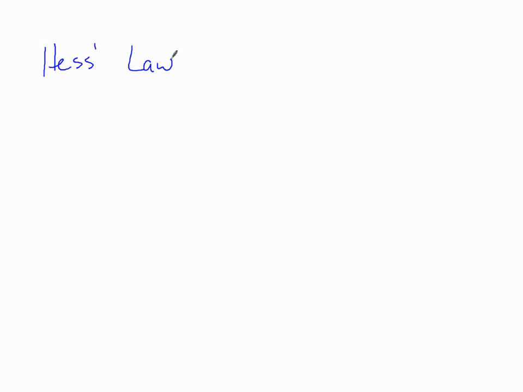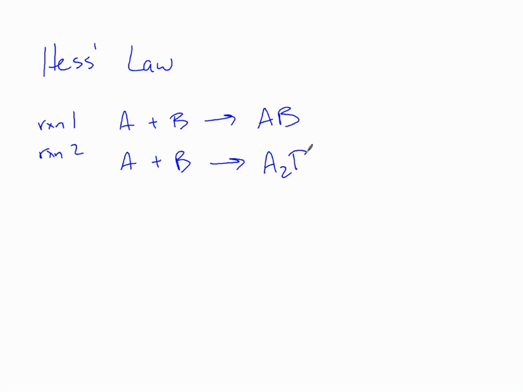A quick review on Hess's law. So basically, let's say we have two reactions, A plus B yields AB, and A plus B yields A2B.